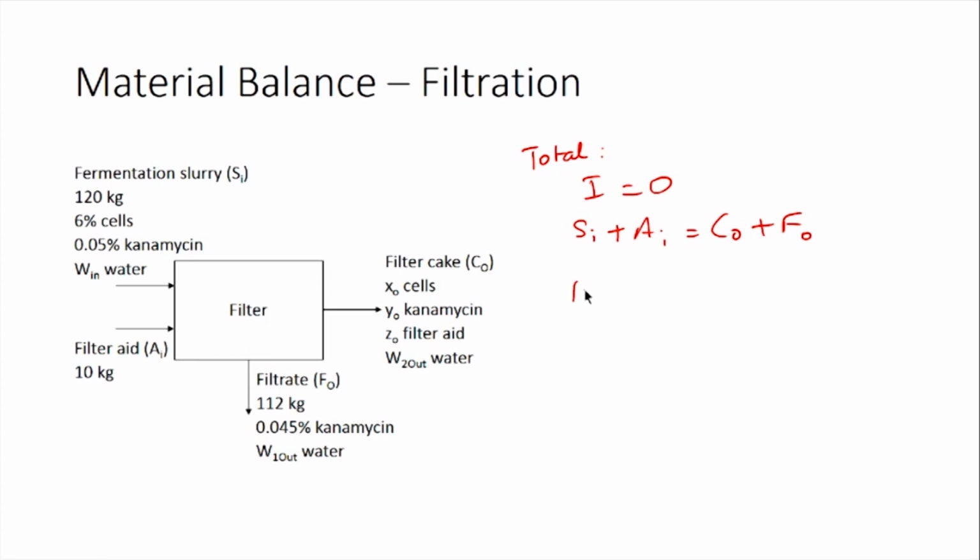So, that is 120 plus 10 is equal to C0 plus 112. So, this means C0, which is the filter cake, is 18 kilograms. So, the mass of the filter cake which would be leaving the system would be 18 kilograms. Now, we can then write component balances.